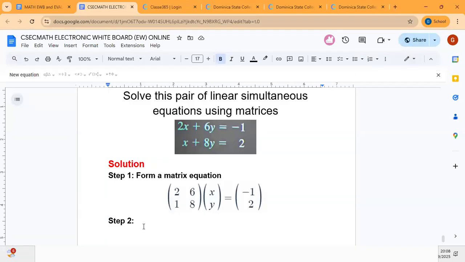Now, step number 2 is to find the inverse of the 2 by 2 matrix. So we have to find the inverse of 2, 6, 1, and 8.